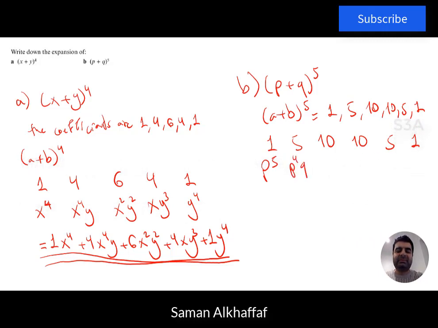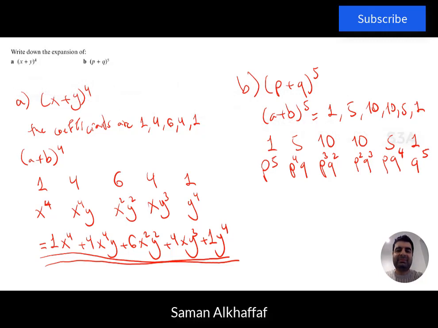Then we would have p cubed q squared, then p squared q cubed, then p q to the power 4, and then q to the power 5.